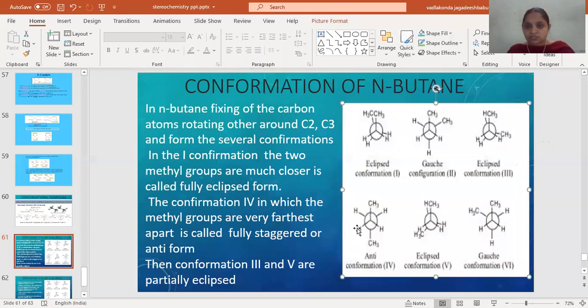So among all these structures, the eclipsed form will be less stable and have high energy because of steric hindrance of the bulky groups on the same side, whereas the anti form or staggered form is more stable because the bulky groups are far away from each other. So this is highly stable and has less energy than all the other conformational isomers of n-butane.